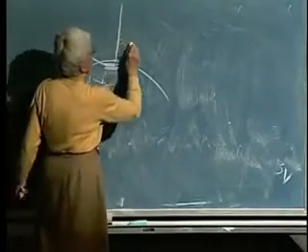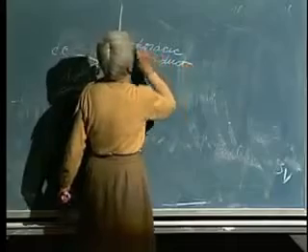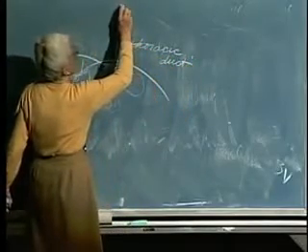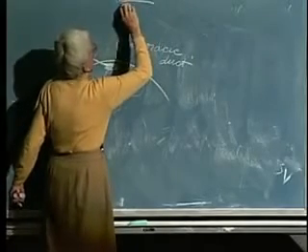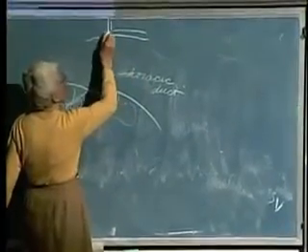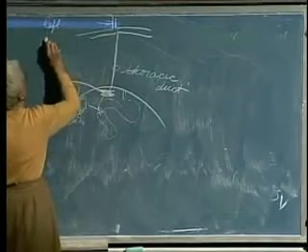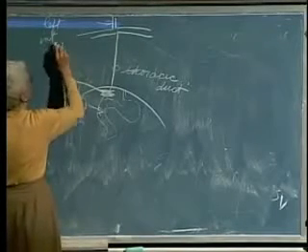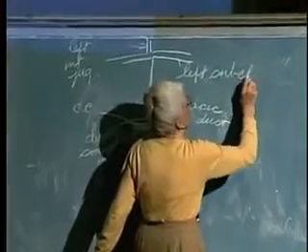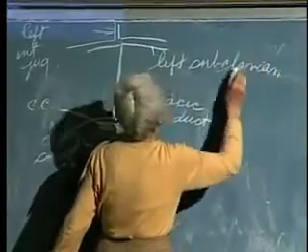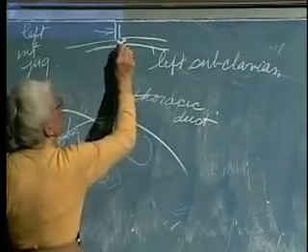This is a thoracic duct, taking the lymph up to the junction of the internal jugular with the subclavian vein. So this is my left internal jugular and my left subclavian. And the fat will be distributed into the venous system here.